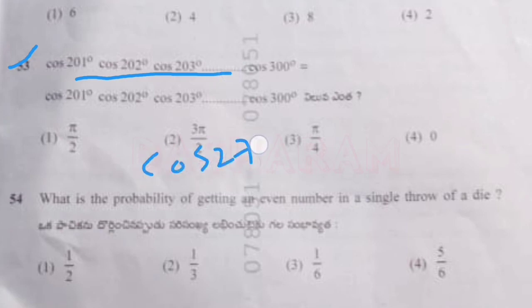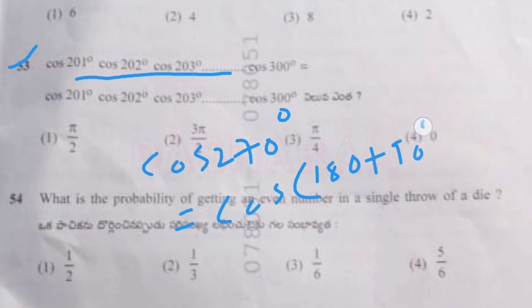Next question 53, cos 201 degrees into cos 202 degrees into cos 203 degrees dash cos 300 degrees equals how much? So in this product, cos 270 degrees will be there. So cos 270 I am writing as 180 plus 90.